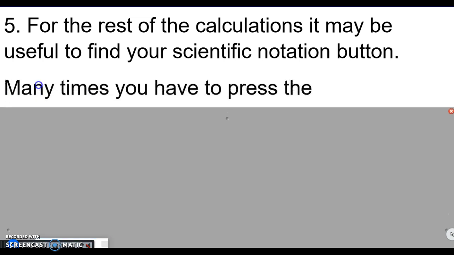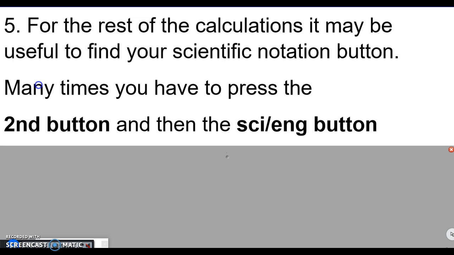For the rest of the calculations, it may be useful to find your scientific notation button on your calculator. So pull out your calculator, pause the video if you need to do so. Many times you're going to have to press the second button, and then right next to the second button there is a button that says SCI/ENG. That's how you're going to put your calculator into scientific notation.